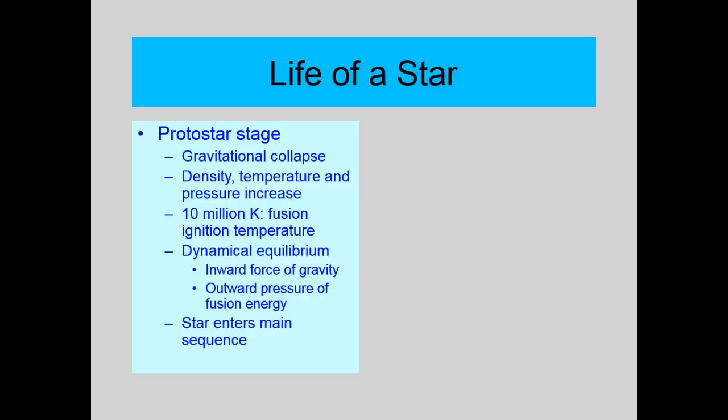Gravitational collapse, the density, temperature, and pressures are all increasing big time. When you reach a temperature with that gravitational collapse of up to around 10 million K, whoa, that's hot. That's the fusion ignition temperature. That's when hydrogen starts fusing into helium.